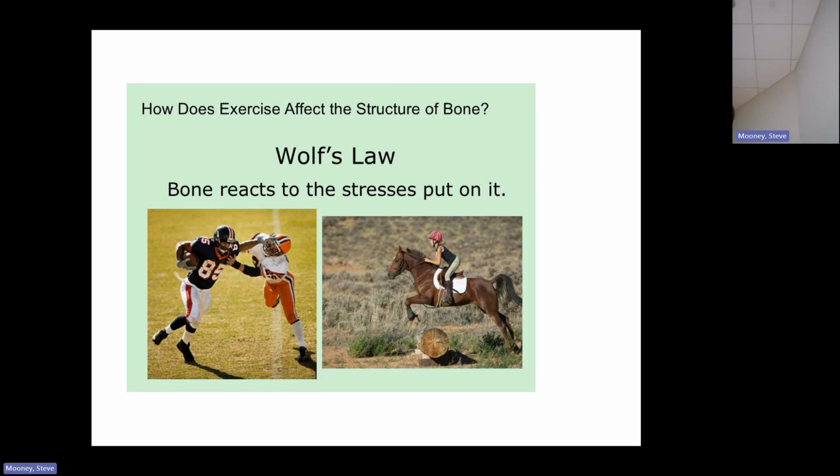So the bone's going to react to the stresses that are put on it. Racing is probably going to be different than jumping. It's going to be different than our draft horses. Depending on what the strains are, depending on what the stresses are, the bone is going to react differently and remodel to, again, make maximum strength with minimum weight.